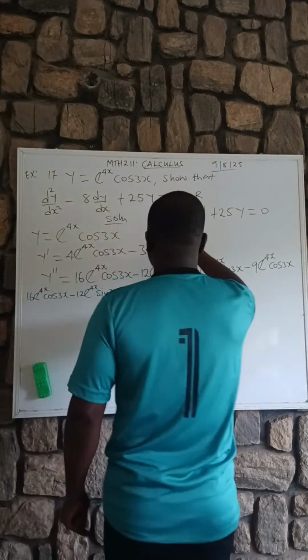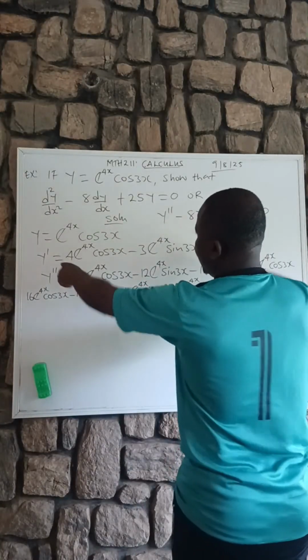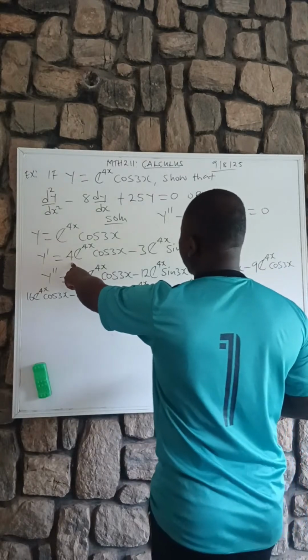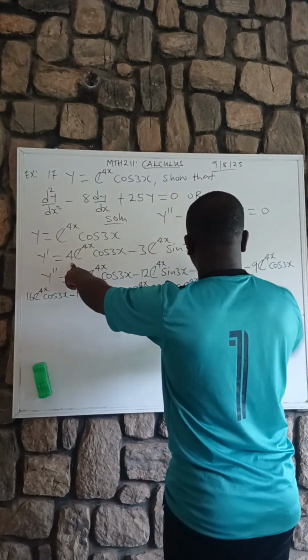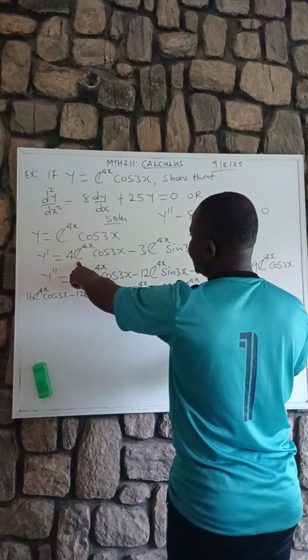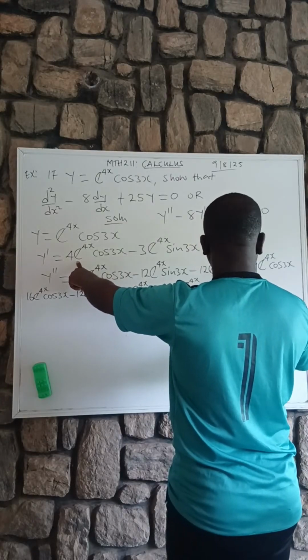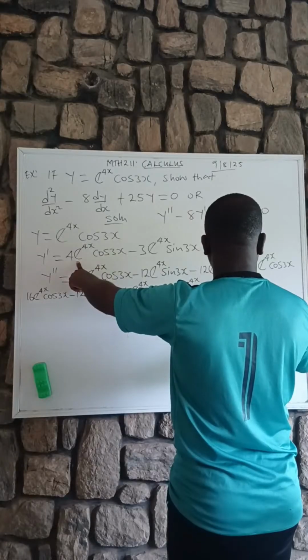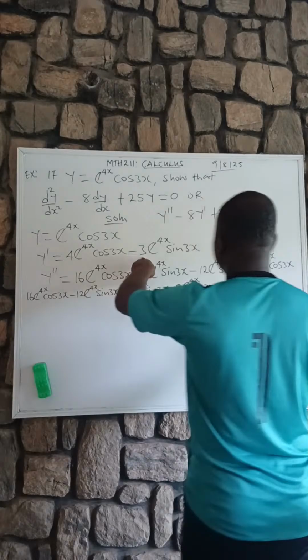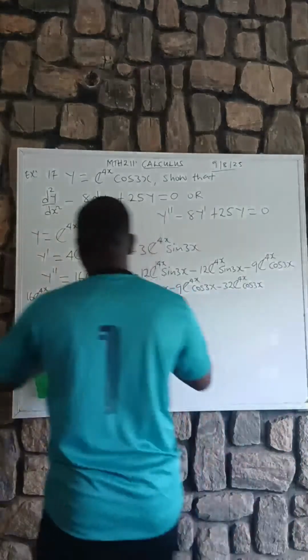Then what we have here, we have minus 8y prime. What is our y prime? So we need to use this 8 to multiply. Minus 8 times 4 is 32, right? Yeah, 32 exponential 4x cos 3x. Then use 8 to multiply this, it is minus 24, right?